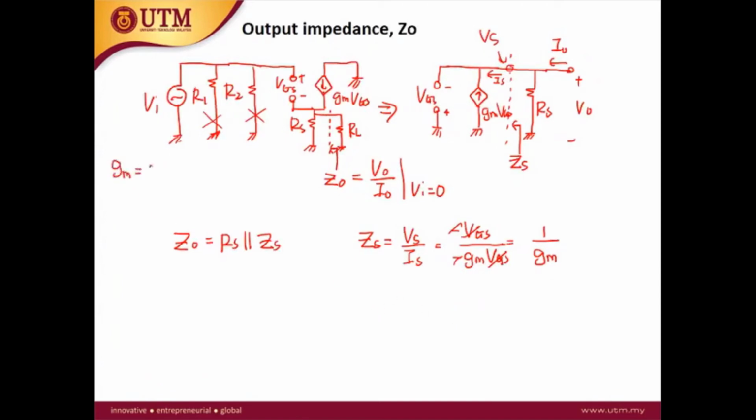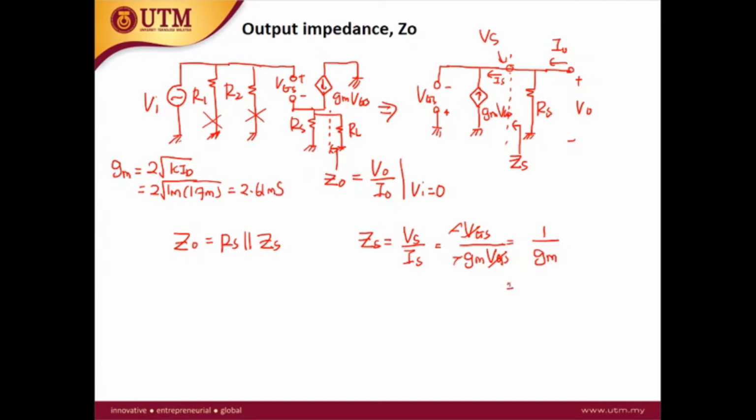GM is equal to 2 root KID. K is given as 1 milli and ID is given as 1.7 milliampere. So the GM is equal to 2.61 millisiemens. So this is the GM value.